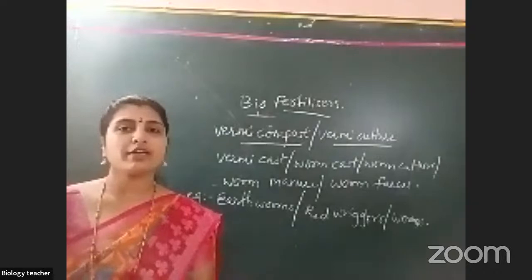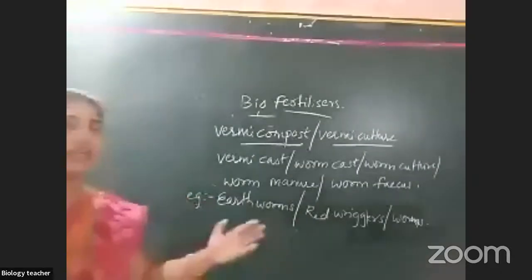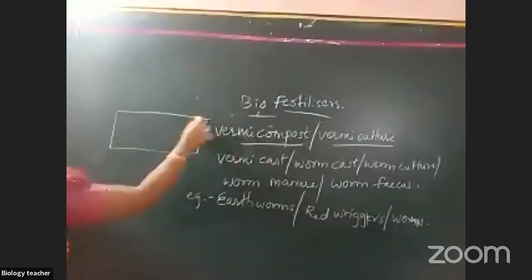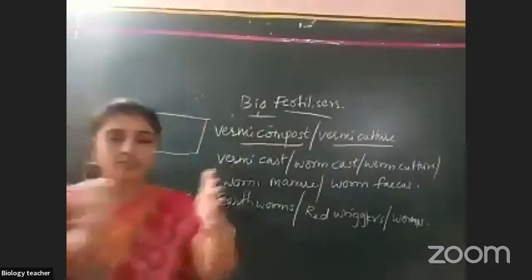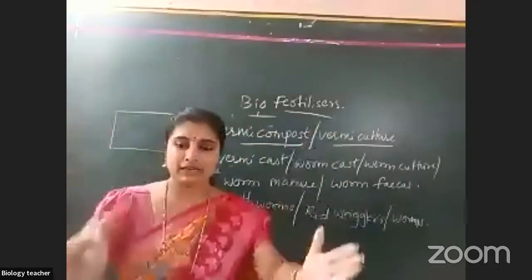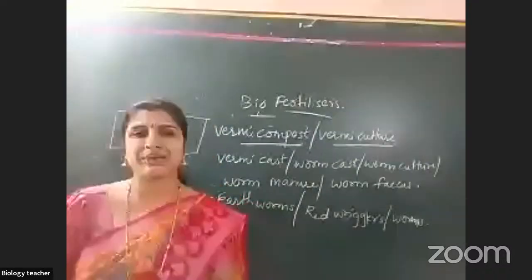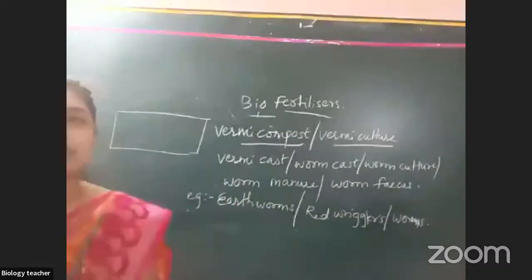Okay. So what do farmers generally do? They select a small area and make beds on it. Like this, they divide it and keep one compartment. They sprinkle water on it and make the bed by wetting the soil.